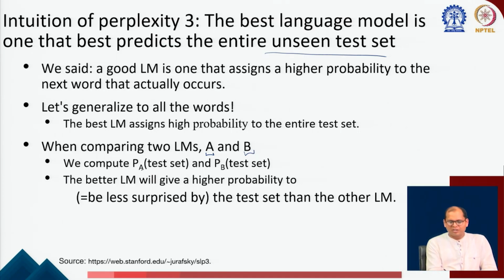So what we will compute? We will compute the perplexity of A on the test set, the perplexity of B on the test set, and the better language model will give a higher probability to the test set than the other language model, right? That's the idea. The better language model should give the test set a higher probability than the inferior language model.